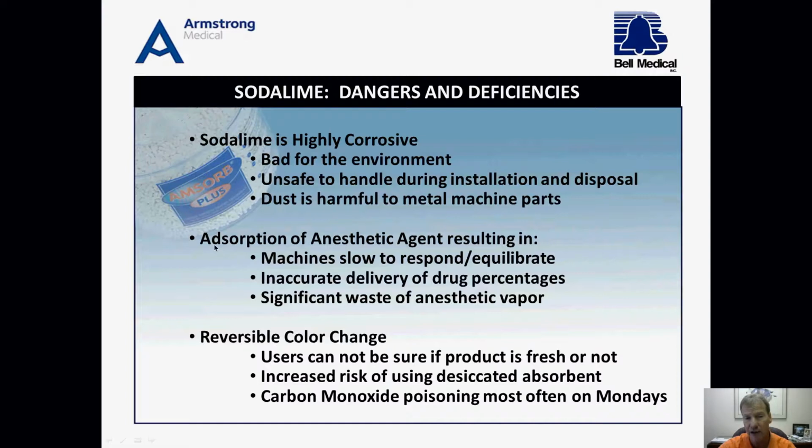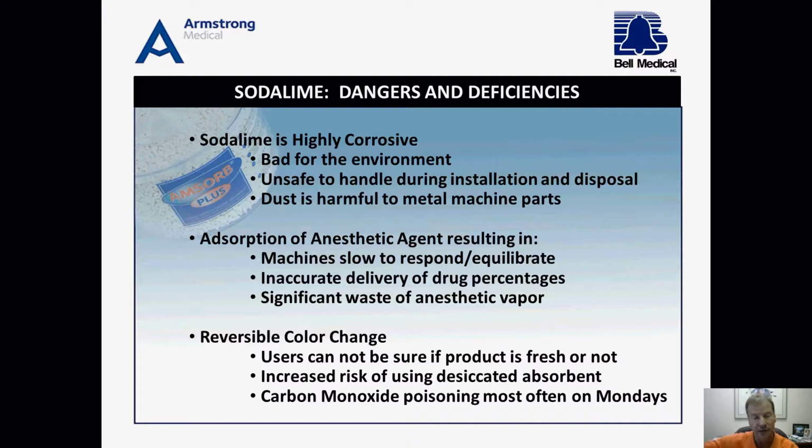So some of the problems with soda limes also is they have a condition called adsorption, which is different from absorption. Basically, if you look up in the dictionary what adsorption means, it means that anytime you pass one chemical through another chemical, a certain part of that one chemical grabs a hold of the chemical passing through, and that's what happens with anesthetic agents.